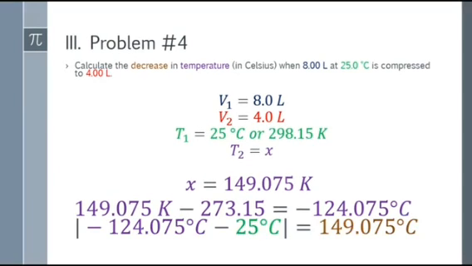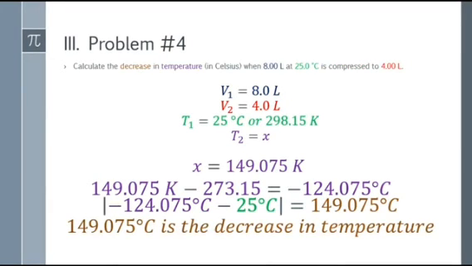So, kukunin natin yung absolute value and you will arrive at 149.075 degrees Celsius. Yung layo ng 25 sa number line papunta sa negative 124.075 ay 149.075. So, final answer natin dito, 149.075 degrees Celsius is the decrease in temperature.